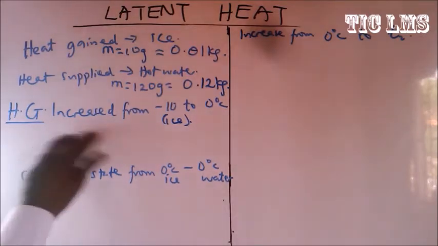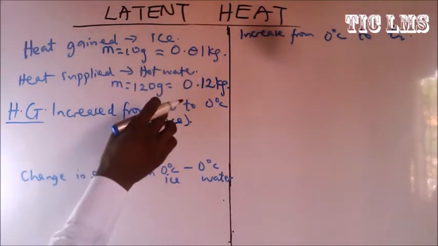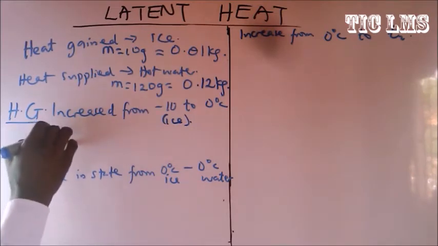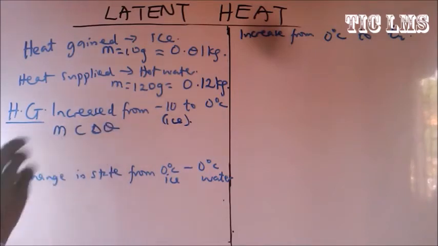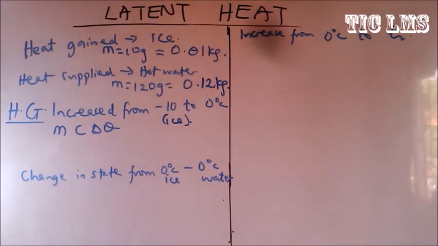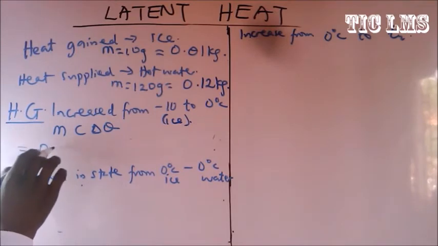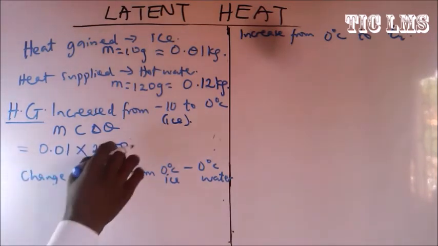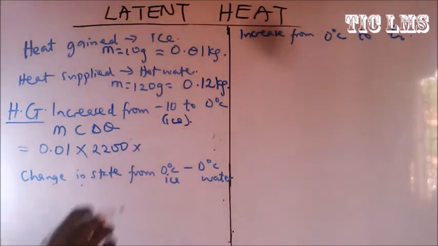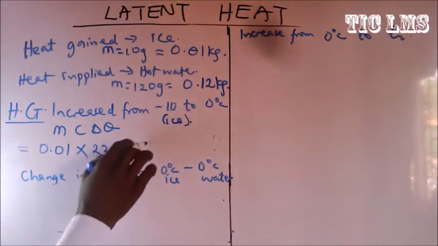Alright, so let us take this first part, the increase from -10 to 0. So we have heat gained equals mc change in temperature, that is mass of ice times specific heat capacity, times change in temperature. So our mass is 0.01 kilogram, times the specific heat capacity of ice, which we were given to be 2200, times the change in temperature, from -10 to 0, that is 10.